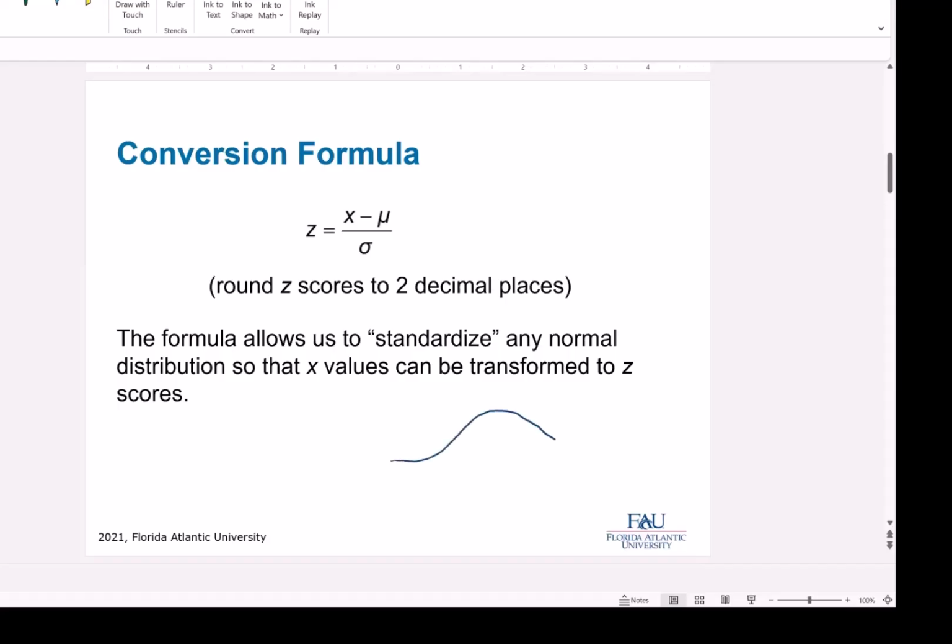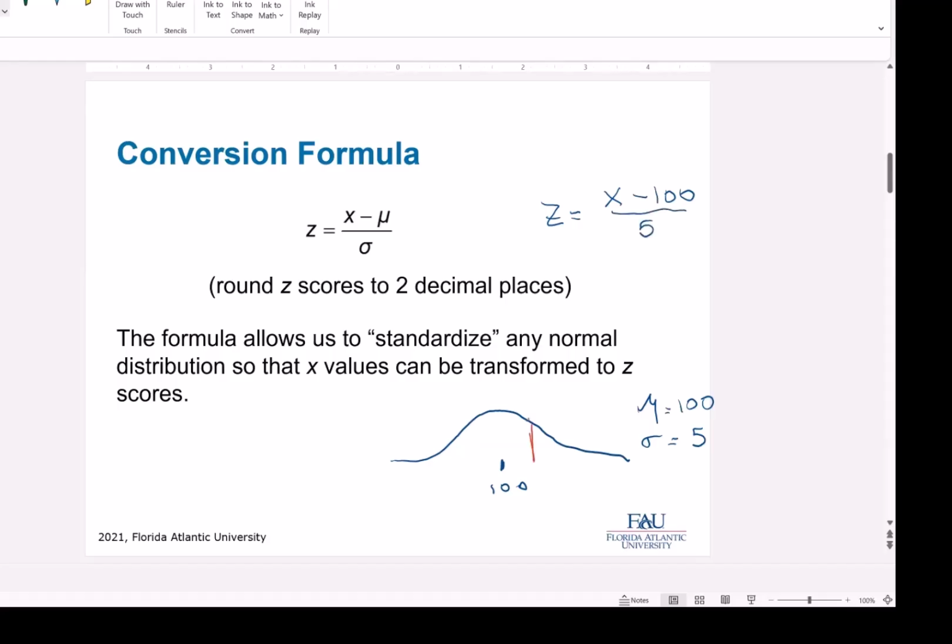Let's say you start off with a normal curve and our mean is 100, mu equals 100, and our standard deviation is equal to 5. Our Z number is equal to some X minus 100 divided by 5.